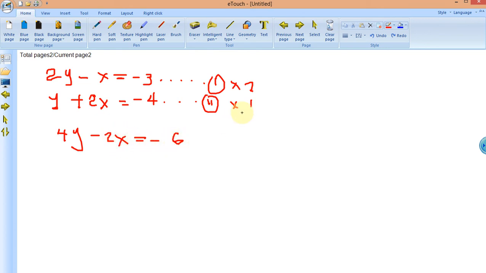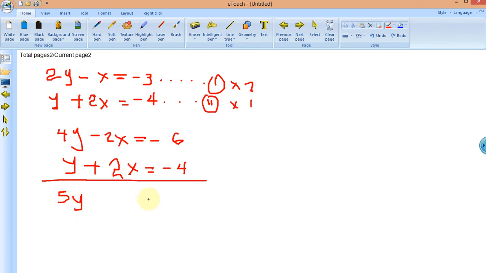Then this is a multiplicative identity, so it's going to give you the same equation back. So add equation 1 and 2. This will give me 5y plus 0 equals to minus 10. So from here, y equals to minus 2.